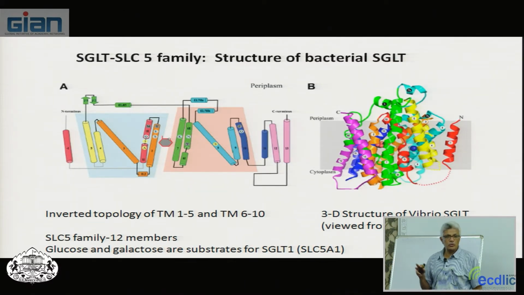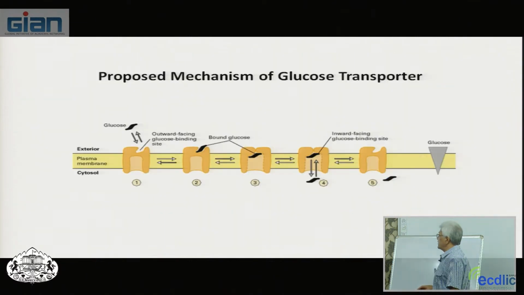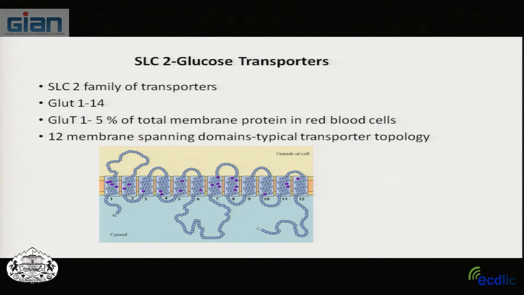So moving on to the sodium glucose transporters. You will see the difference between the structures. Here you can see 12 transmembrane helices, which have hydrophobic amino acids as well as some polar residues within the transmembrane helices.